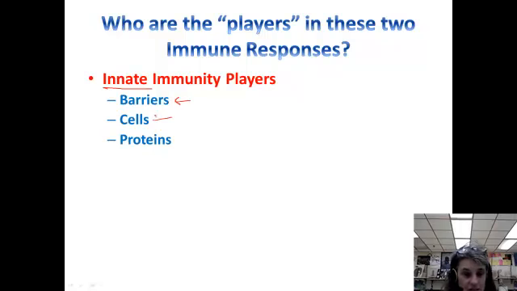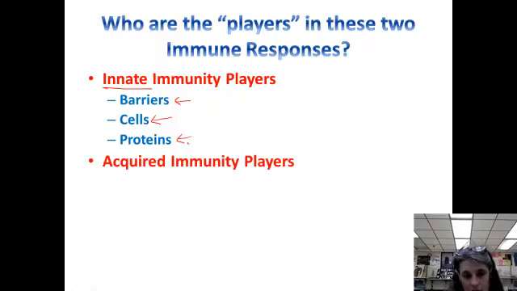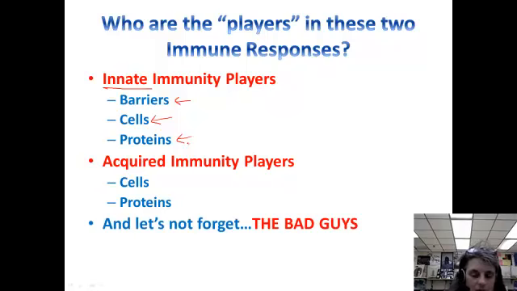If stuff gets in, we've got cells that will attack them, and also non-living things, just chemicals, proteins, that will attack the invaders. Okay? With acquired immunity, we also have cells, different kinds of cells, and also proteins, different kinds of proteins that will attack the invaders.